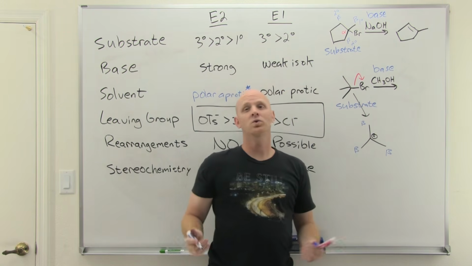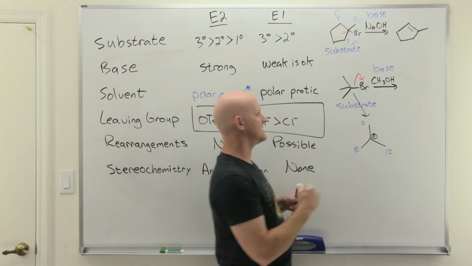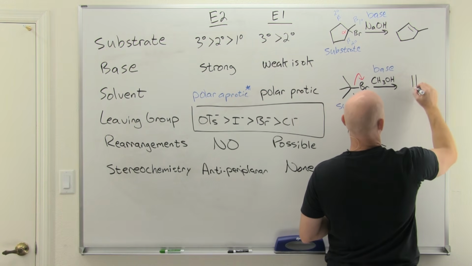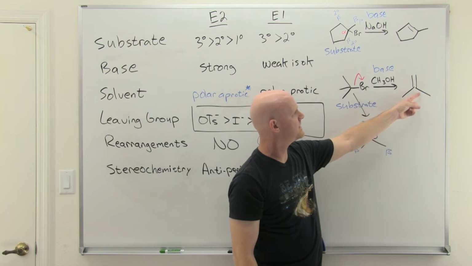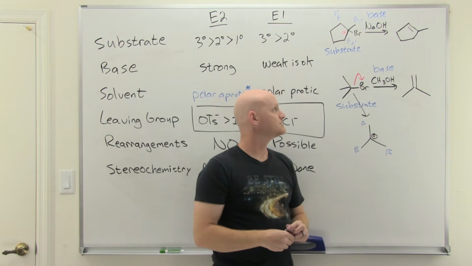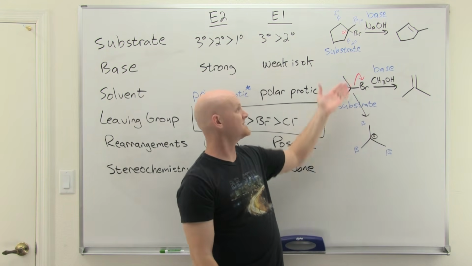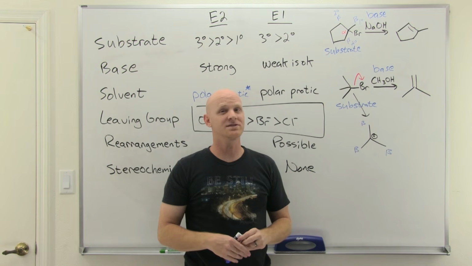And they're all equivalent. So it actually doesn't matter which one we choose. So no matter how you slice it here, our product is going to look like so. And whether you draw the double bond here, here, or here, it's all the same thing. Cool.